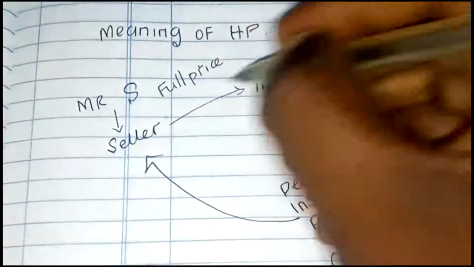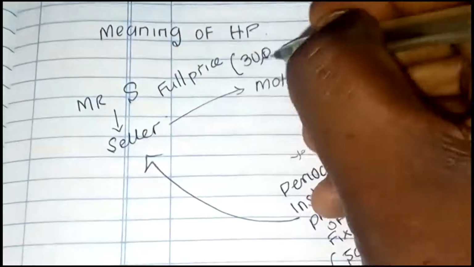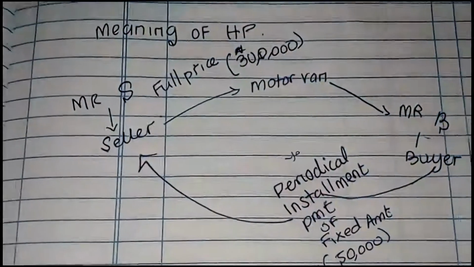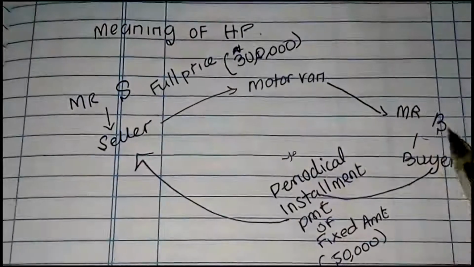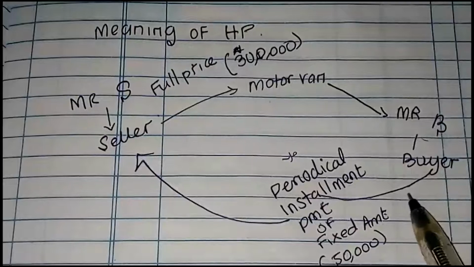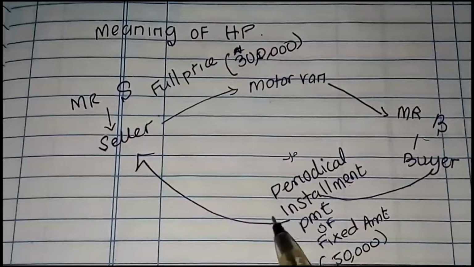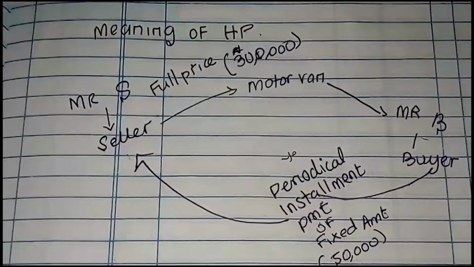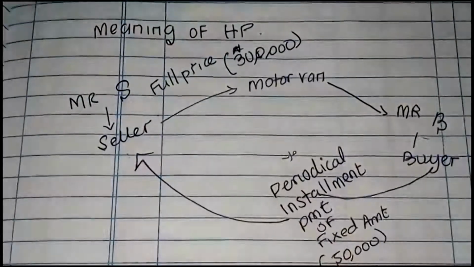Now look at the full price. Let's say the full price is 300,000 naira. That's the full price of the motor car. So Mr. B agrees to be making periodical installment payments of say 50,000 to Mr. S, until the full price is completed.